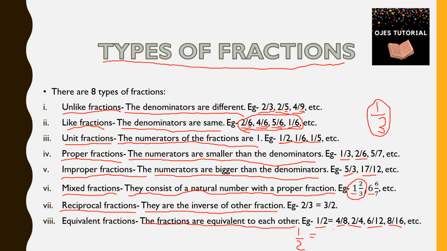I will show you. Here I will write 2 upon 4. When I reduce 2 upon 4, I will get 1 upon 2. Here there are 2 ones and 2 twos. So I got 1 upon 2. So basically equivalent fractions means the fractions that are equal to each other.